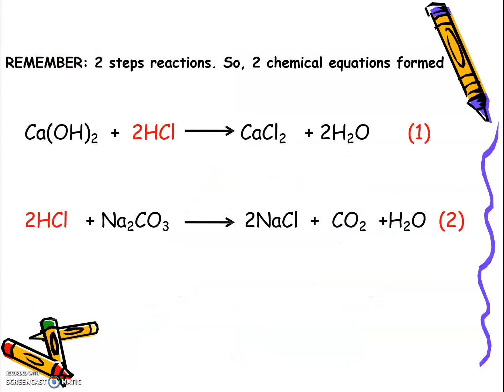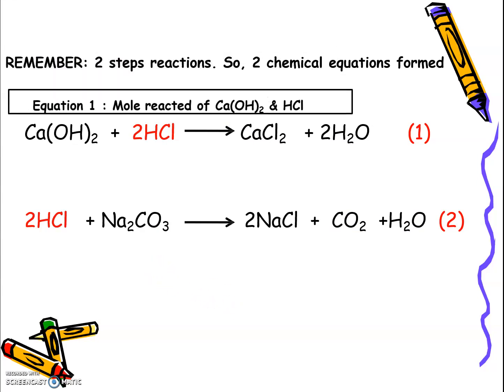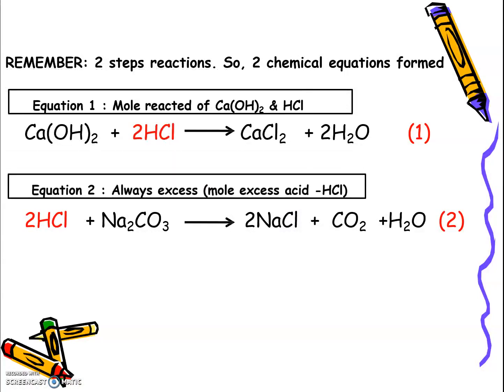Okay, so there are two reactions involved. First, the reaction in the conical flask, which involves calcium hydroxide and hydrochloric acid to form calcium chloride and water. Next, the reaction of hydrochloric acid in excess, standardized or titrated with standard solution sodium carbonate, for equation 2.